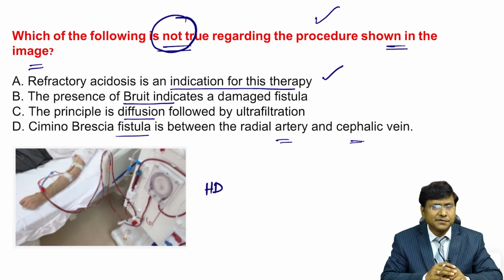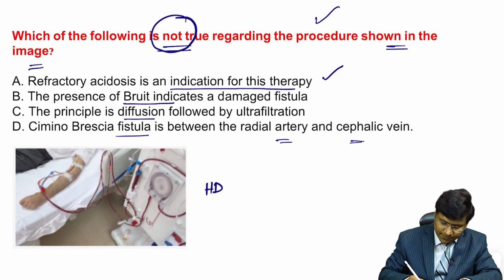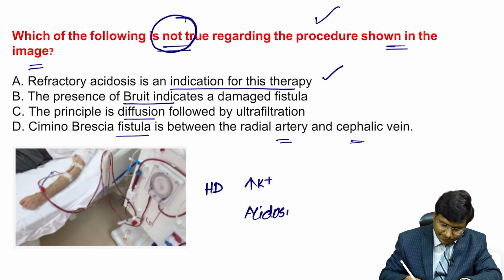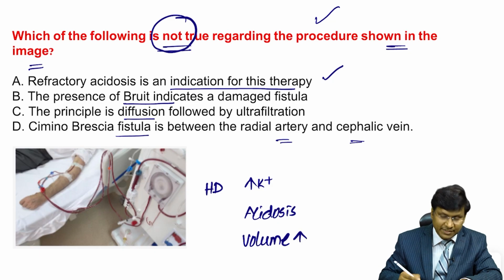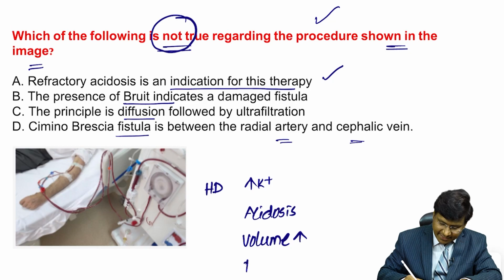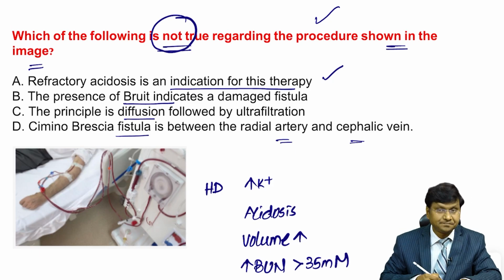What are the indications for the hemodialysis specifically? That includes number 1, refractory hyperkalemia, right? Then refractory acidosis. Then refractory volume overload, not responding to the diuretics as well as not responding to the fluid restriction. Next, elevated blood urea nitrogen, and that should be more than 35 millimoles per liter.